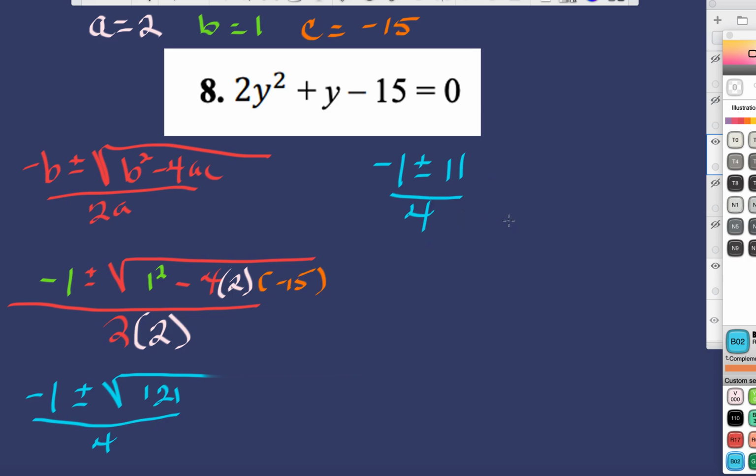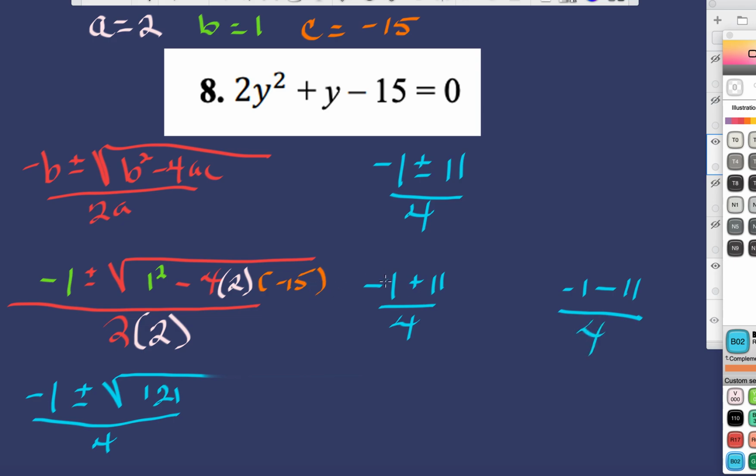So we have negative 1 plus 11 divided by 4 and negative 1 minus 11. Oops. Sorry about that. It's negative 1, dummy. Minus 11 divided by 4.